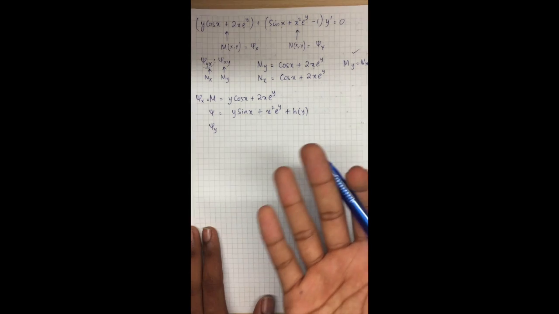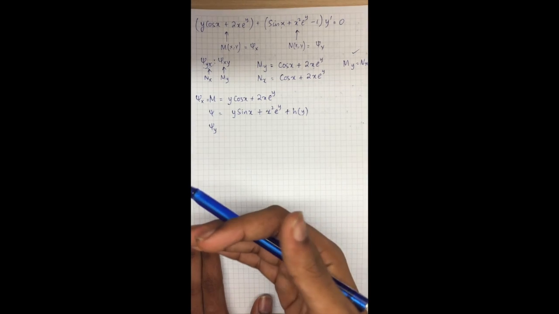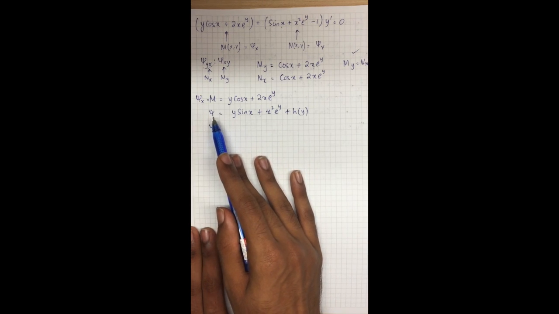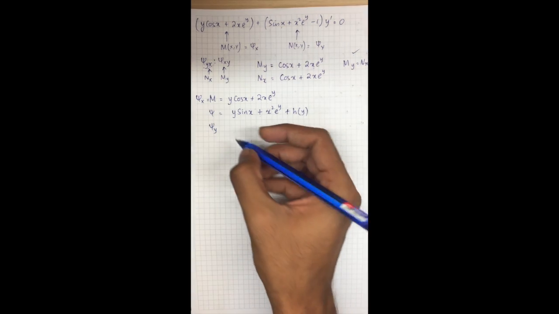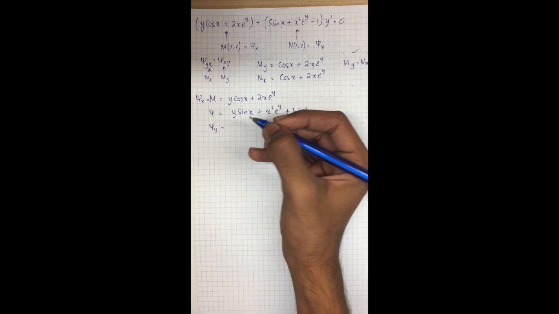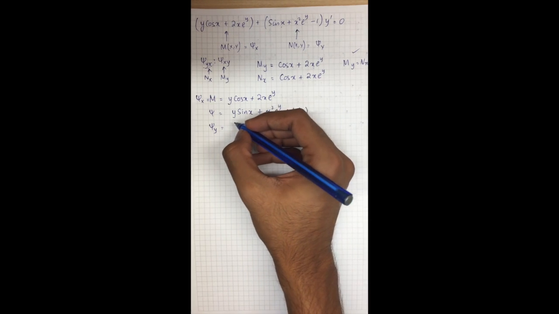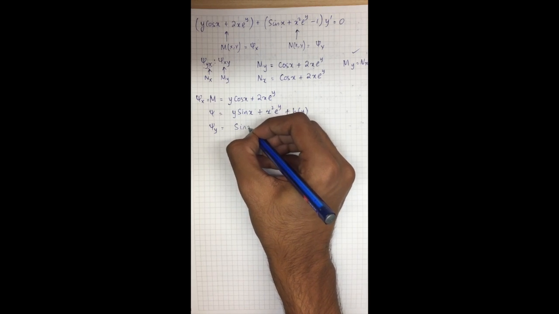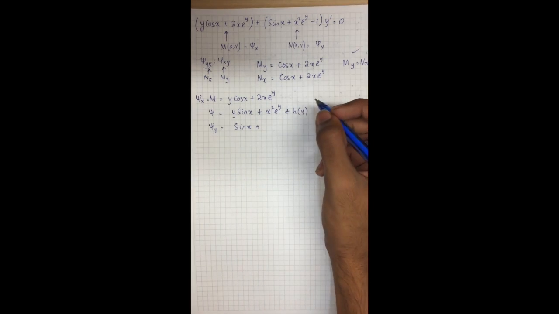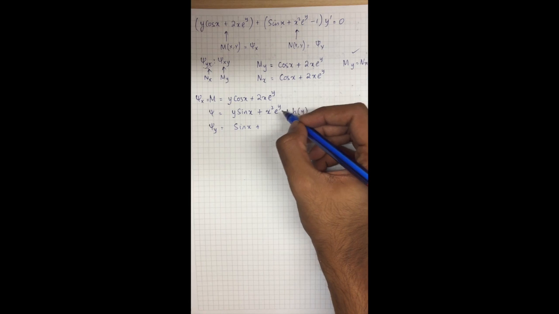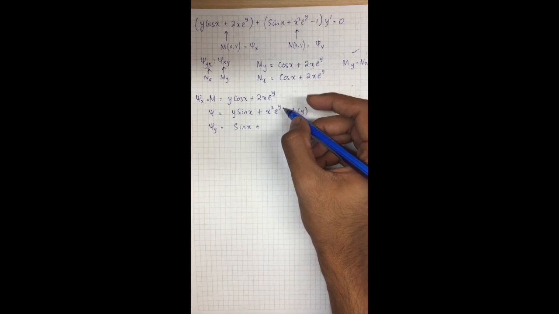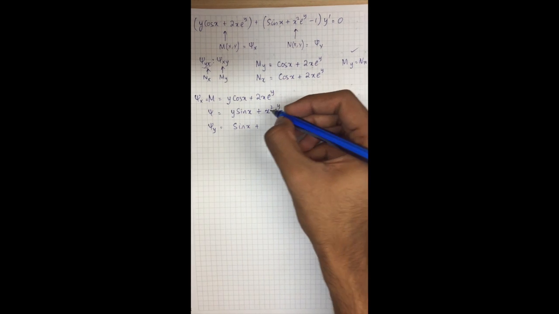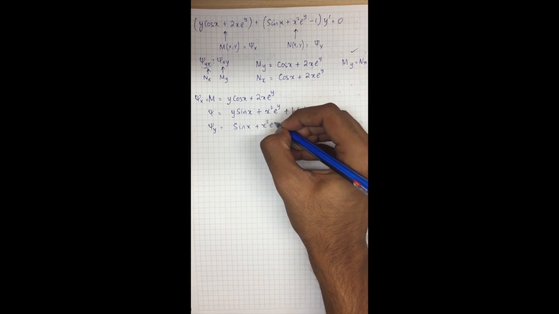That is again another way, or indirectly the same way, to find psi of x, y, which is ultimately what we need, right? So my psi y would become, this becomes 1. So I would have only sin x plus e to the y is what we're going to differentiate. So e to the y stays, and x squared, nothing would happen because it's a constant. So x squared times e to the y.